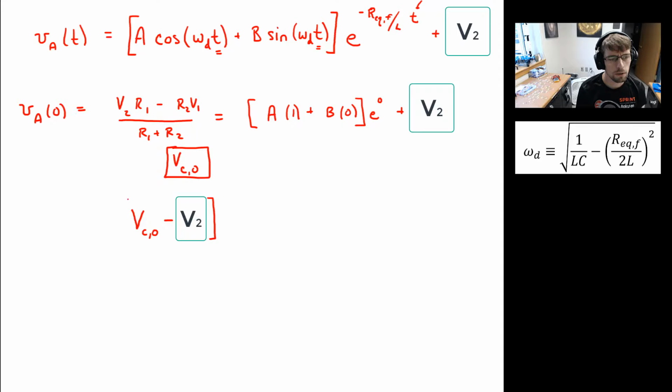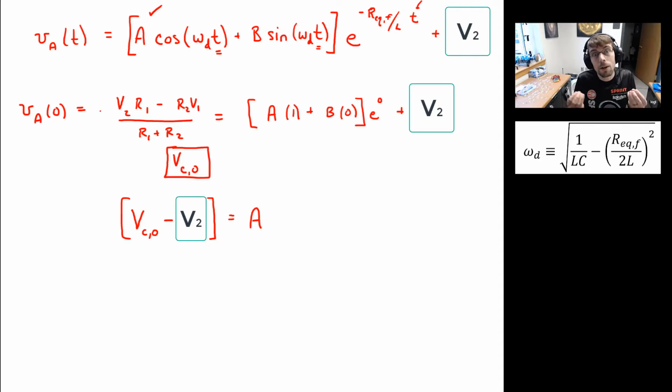That whole rigmarole is equal to our coefficient A. So that's how we can apply these initial conditions. So there's one. Okay, check. We've got A.